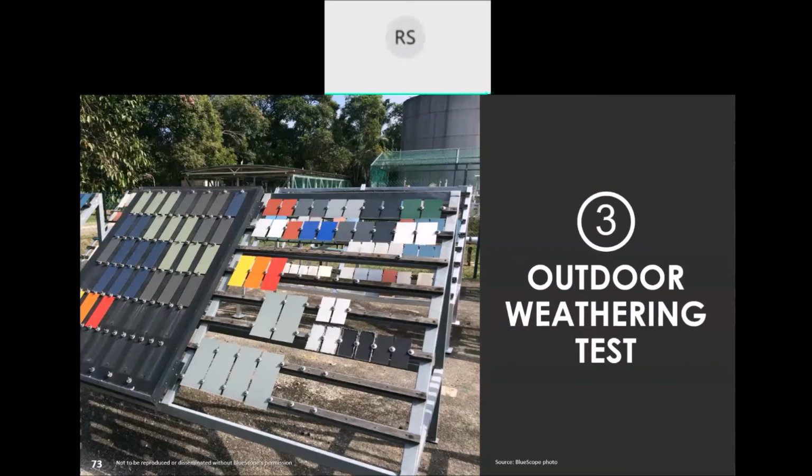Of course, different manufacturers have different attempts or different methods of doing it, but there are standards established to guide us through how to set up the outdoor weathering tests. In simple terms, outdoor weathering test means putting the sample in different outdoor environments and leaving it there for certain durations to test for its durability in terms of paint and corrosion.